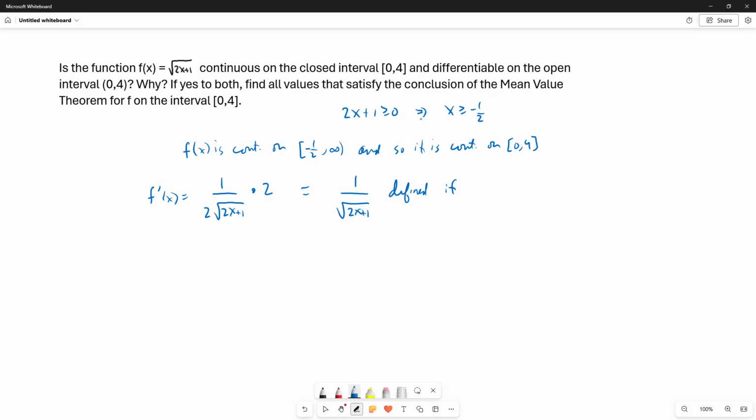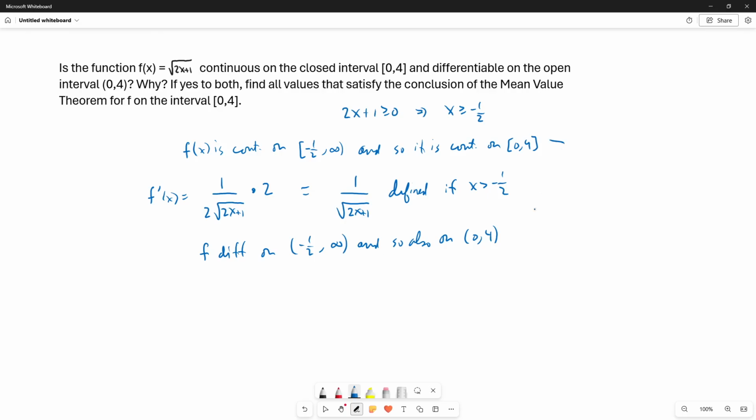So it is defined if x is strictly bigger than negative 1/2. And so that means our function f is differentiable on the interval from negative 1/2 to infinity, and so it is also differentiable on the smaller interval contained inside 0 to 4.